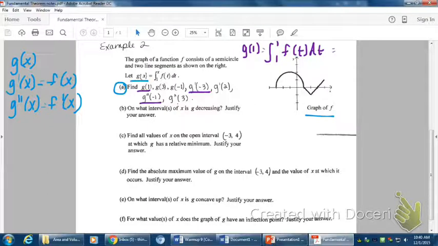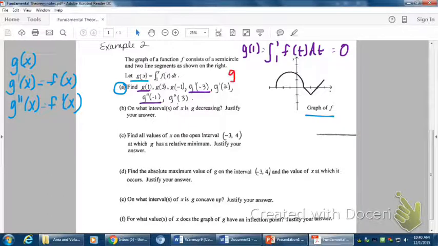That means finding the area between 1 and 1. Since it's the same value, you get 0 because there's no area between there and there. When you do g of 3 and g of negative 1, you're finding those areas. Keep in mind that's a circle and then a triangle there, and do it those ways.